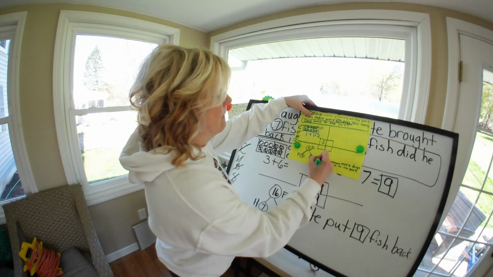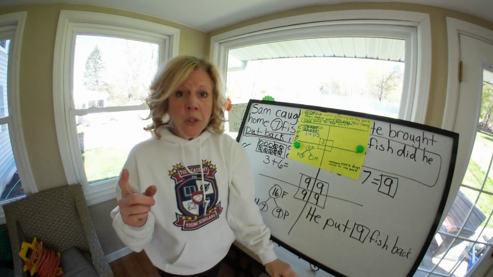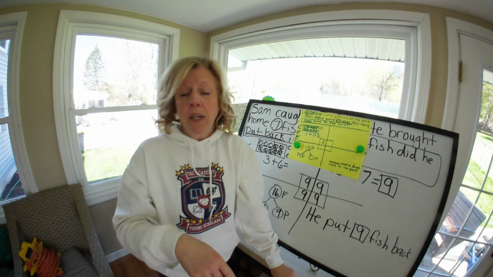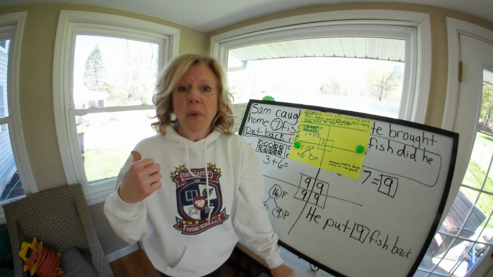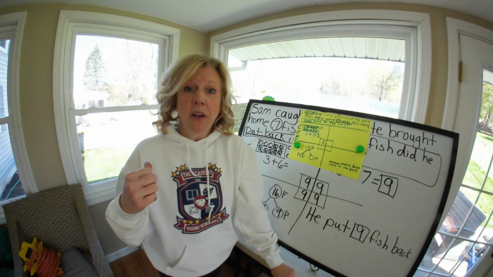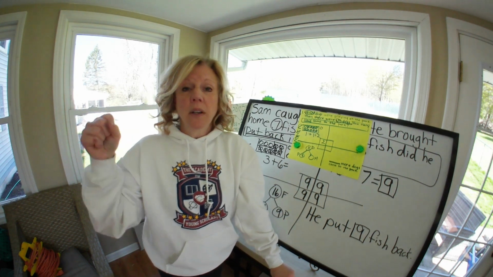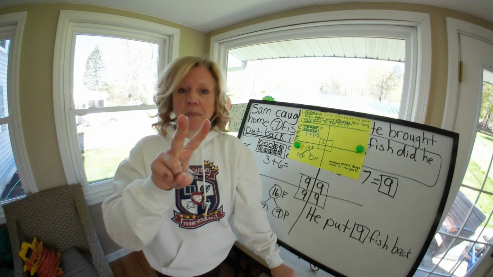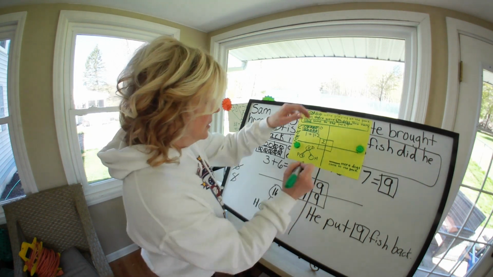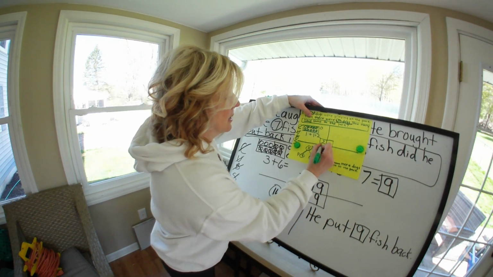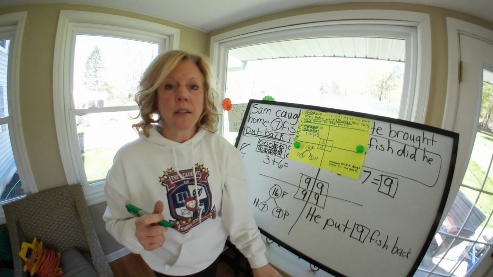So this is going to be M for more. How many more? So we can punch 11 and count backwards 9, but that seems like a lot. So instead we're going to punch 9 and count up to 11 because it's quicker. 9, 10, 11. See how quick that was? So we're going to put 2 here. Does the 2 match? Yes, it does.